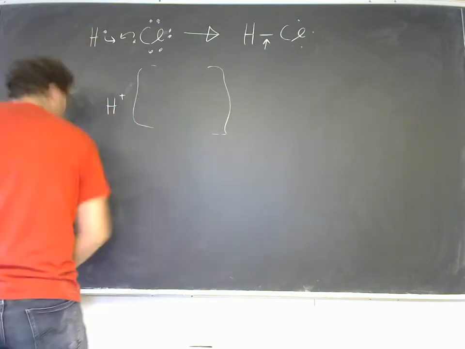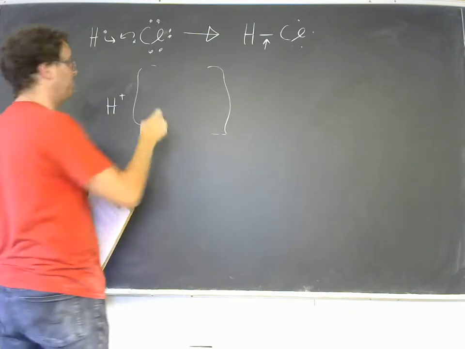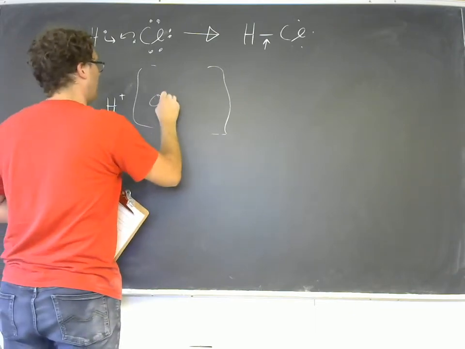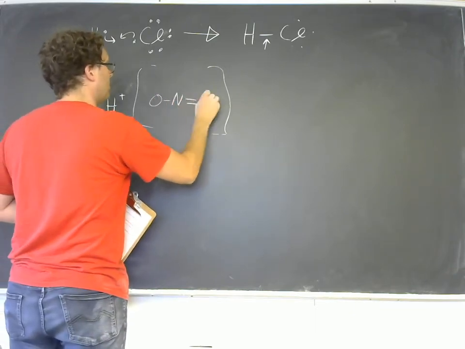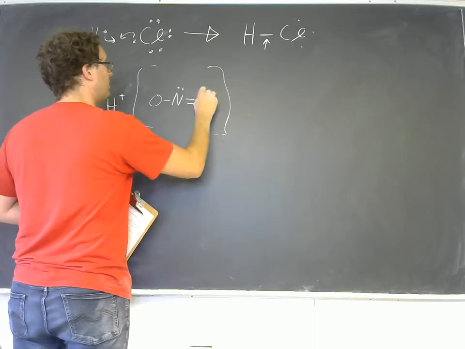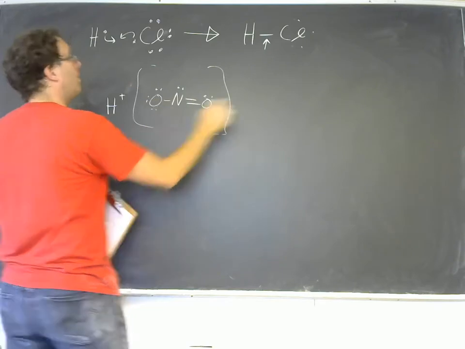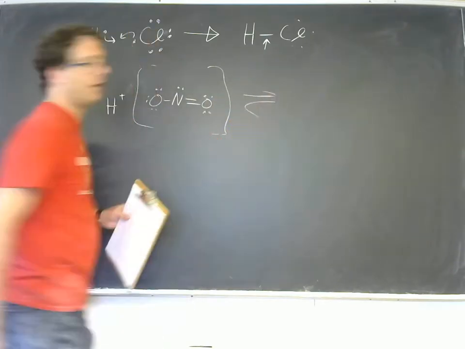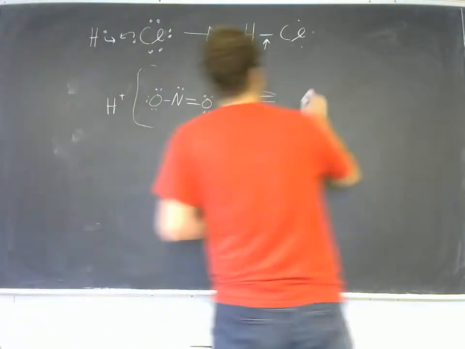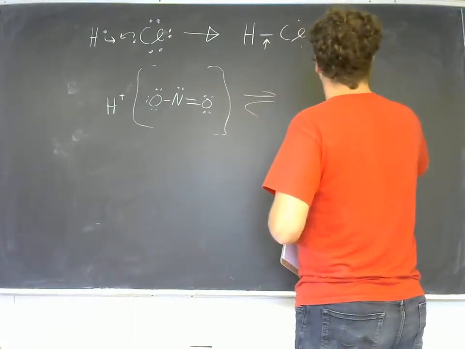I want it to be a nitrite ion so that it's a weak base. Okay, so we'll have the oxygen, the nitrogen, the oxygen, and a lone pair. So if we have something like a nitrite ion, well, that's going to be in equilibrium with nitrous acid, which looks like this.